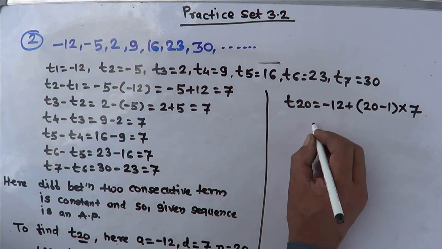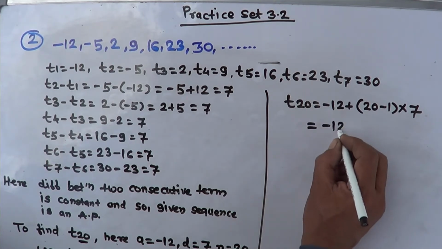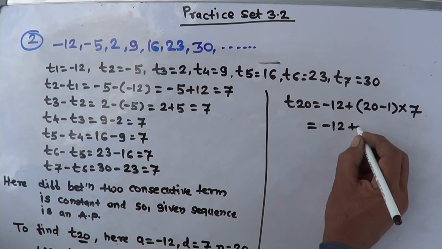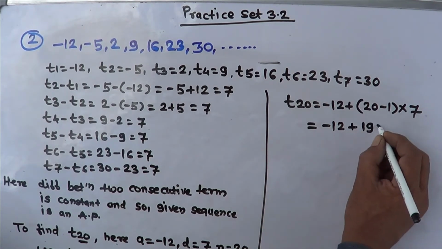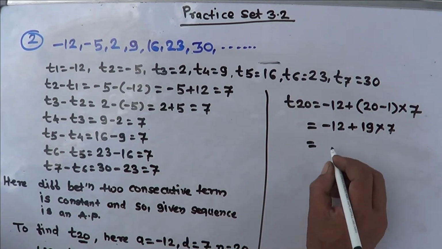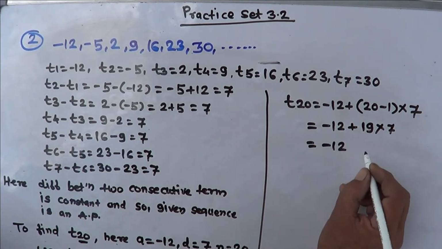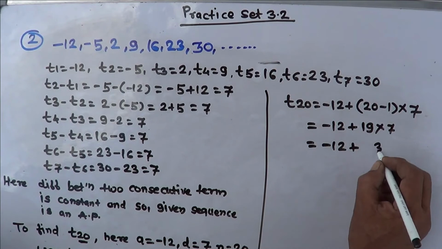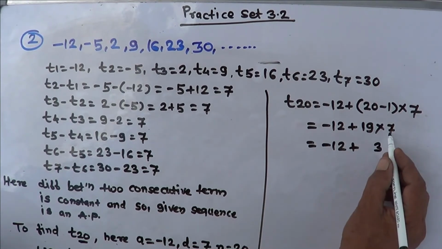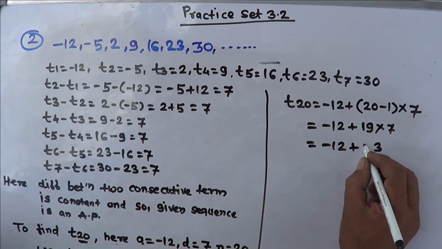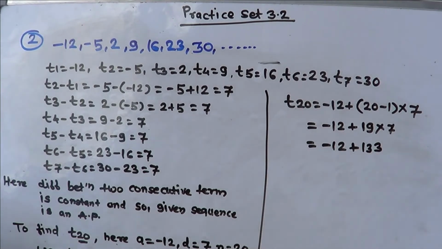So this will be equal to minus 12 plus 20 minus 1, this will be 19 into 7, equal to minus 12 plus 19 into 7. 9 into 7 is 63, 7 into 1 is 7, plus 6 is 13, so 133.